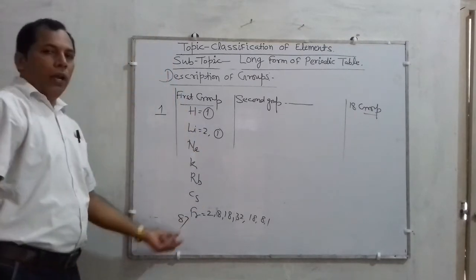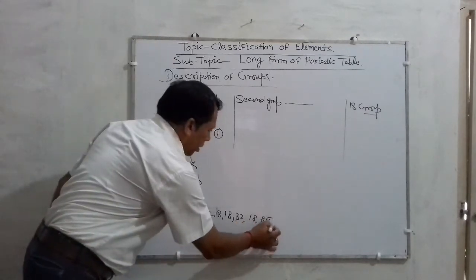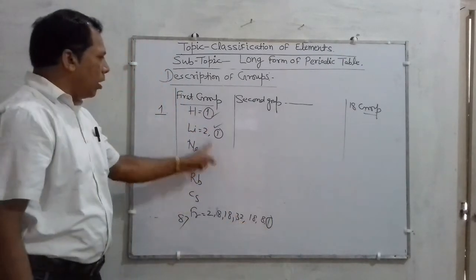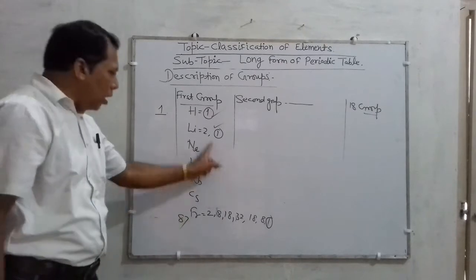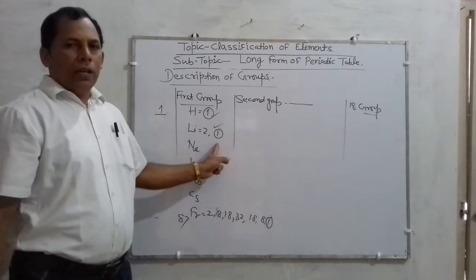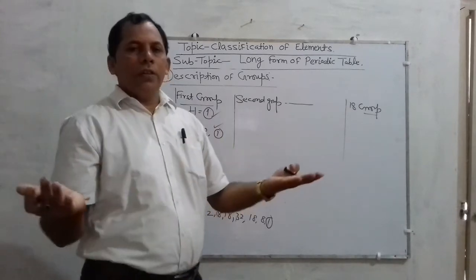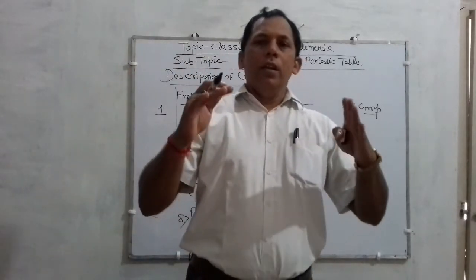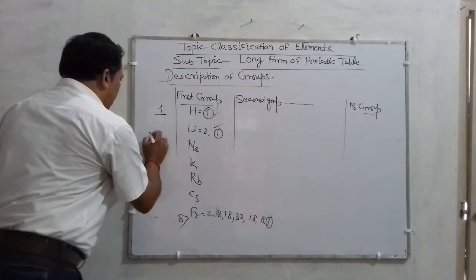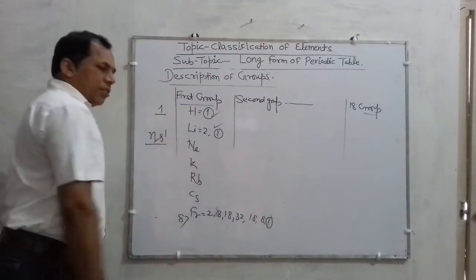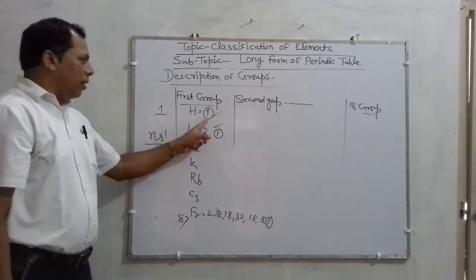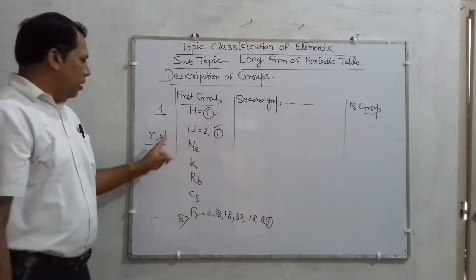So see here, all of them have the same number of electrons in the valence shell. If the number of electrons is the same, then their electronic configuration will also be the same, meaning they have ns1, where n stands for the shell number of the valence shell.